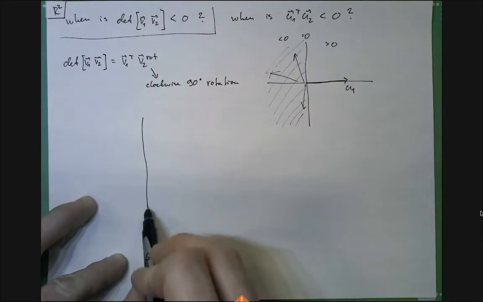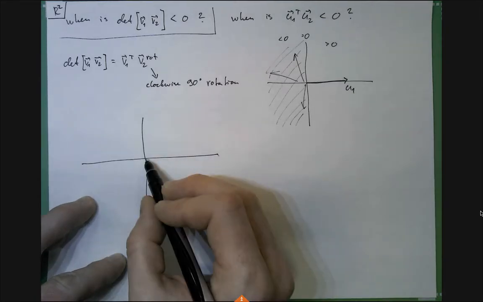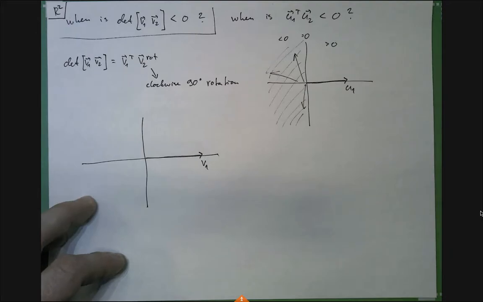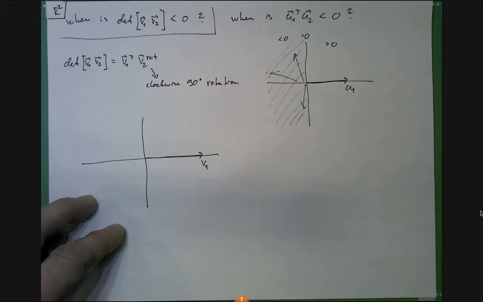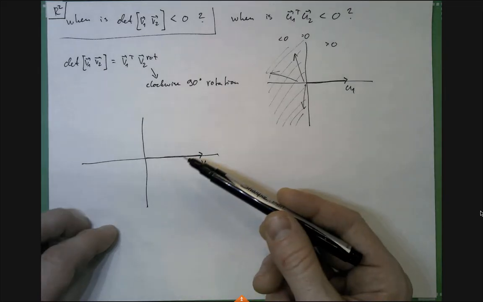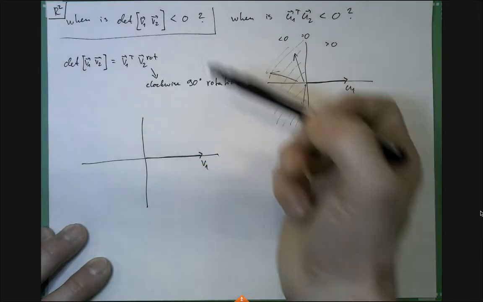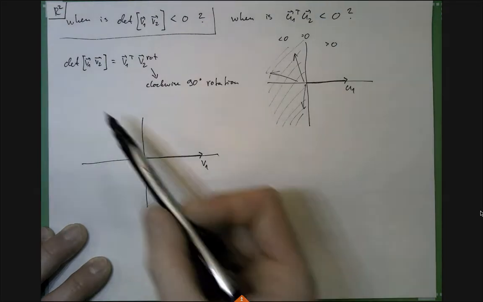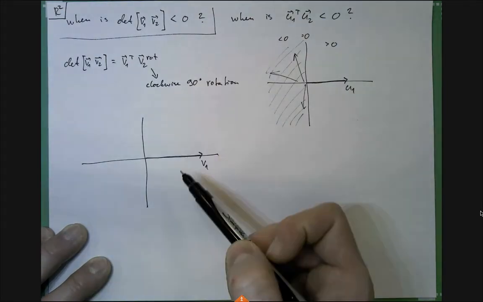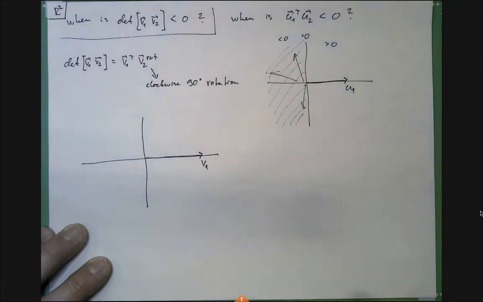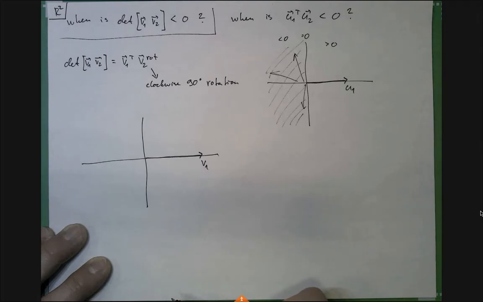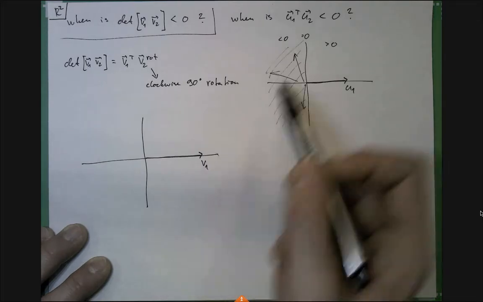Let's try to draw the same picture for the v's. If my v1 again is here, think about it as the base of my triangle or parallelogram. So let's see for what v2s I will get a negative determinant. That means after I rotate the v2 clockwise by 90 degrees, I need to get the dot product negative, right? So let's think about it for a second.